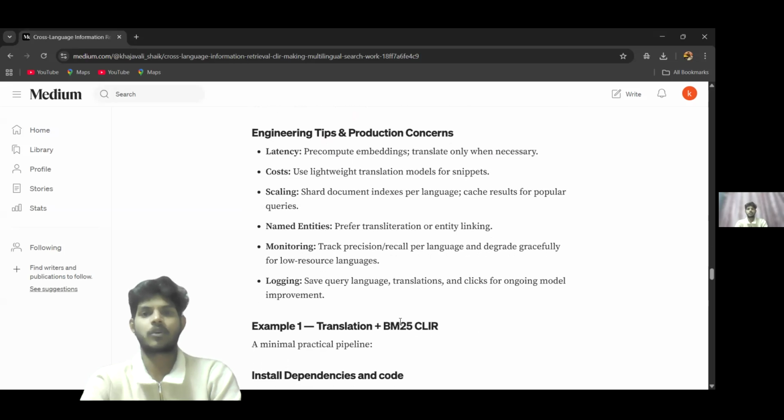Engineering tips and production concerns. Latency: pre-compute embeddings, translate only when necessary. Cost: use lightweight translation models for snippets. Scaling: shared document index per language. Cache results for popular queries.